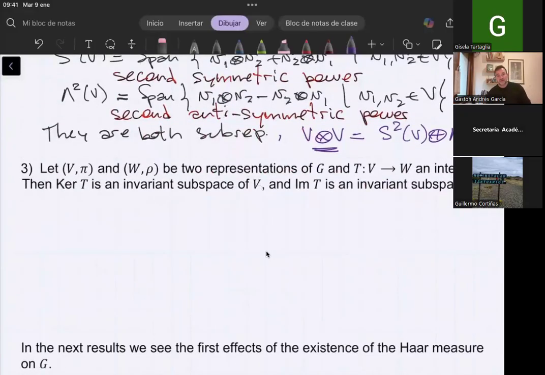Another way to find representations is by looking at kernels or images of intertwiners. If you have an intertwiner between two representations, then the kernel is a sub-representation of the domain, and the image is a sub-representation of the codomain. This is an exercise, which is also very easy to prove.